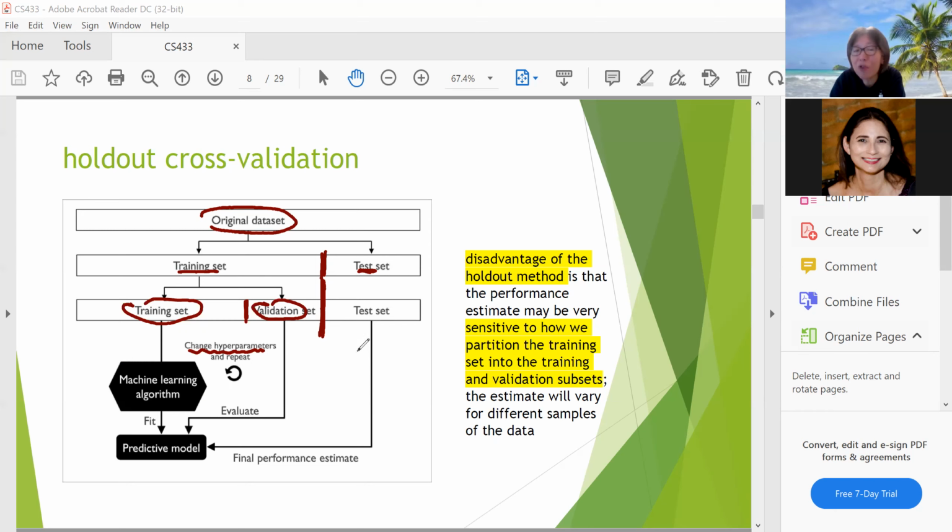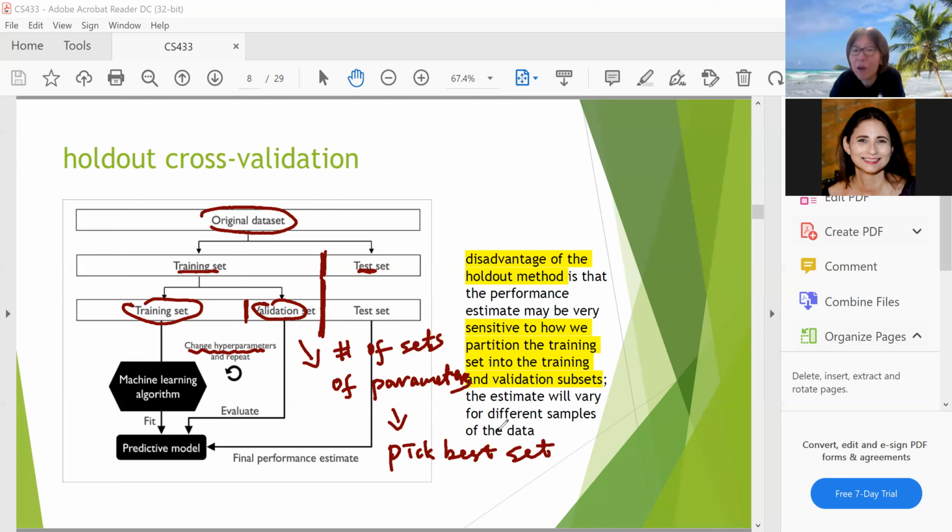For the validation, it involves a number of sets of parameters, and then you pick the best set. After we pick the best set, then we can do the test.